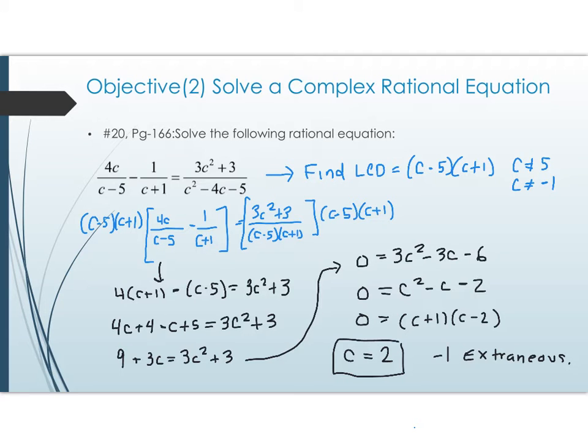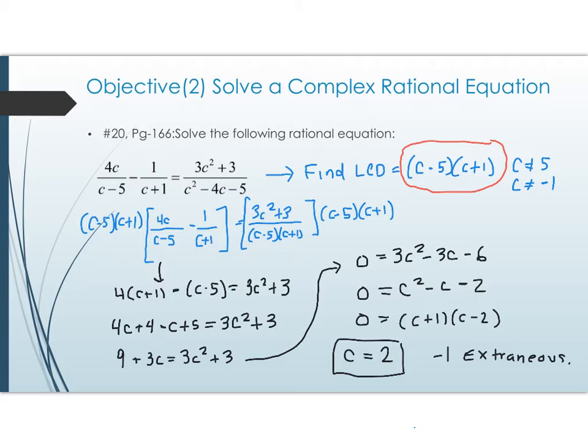So in our next problem, this is number 20 on page 166, we're going to solve the following rational equation. Whenever we have a rational equation, we need to find the least common denominator. In this particular case, the least common denominator is c minus 5 times c plus 1.